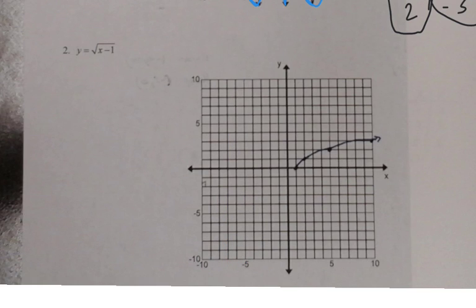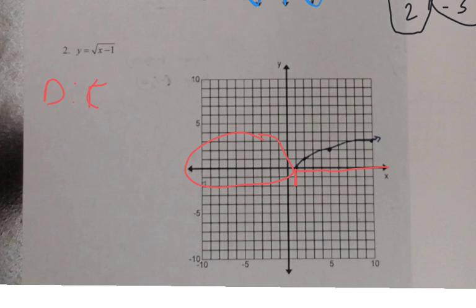Okay, so let's look at the domain of question 2 on the back. Again, we're looking at x values along the x-axis. But notice it starts right here and extends this way. There's nothing over here on the graph. So when we write our domain, try it for yourself.